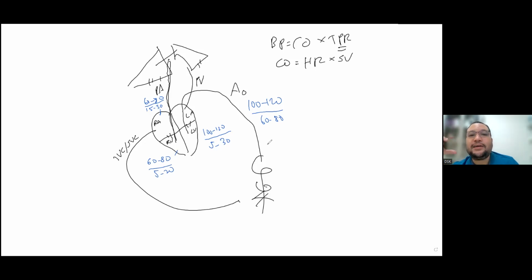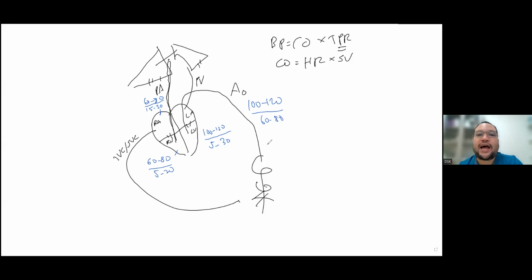So placenta is a highly vascularized punya structure, but it's very low resistance. So bila dia very low resistance, it will reduce the net total peripheral resistance.